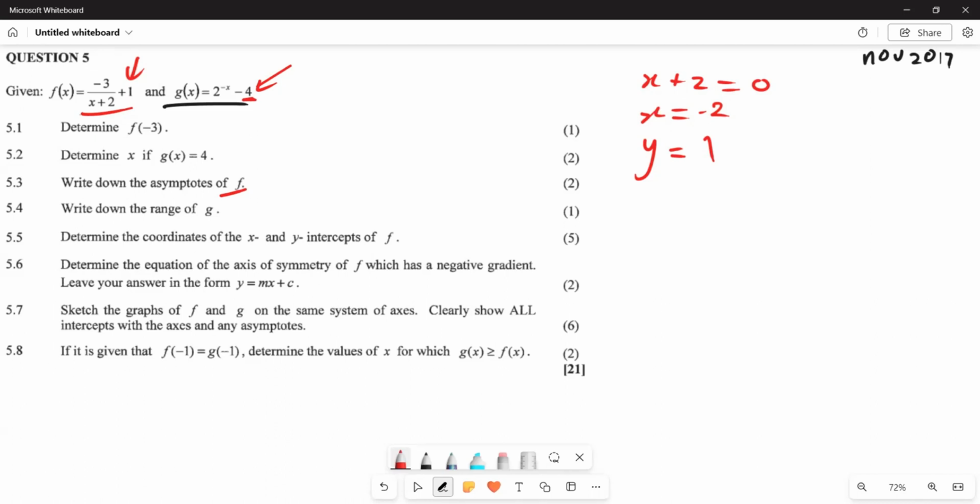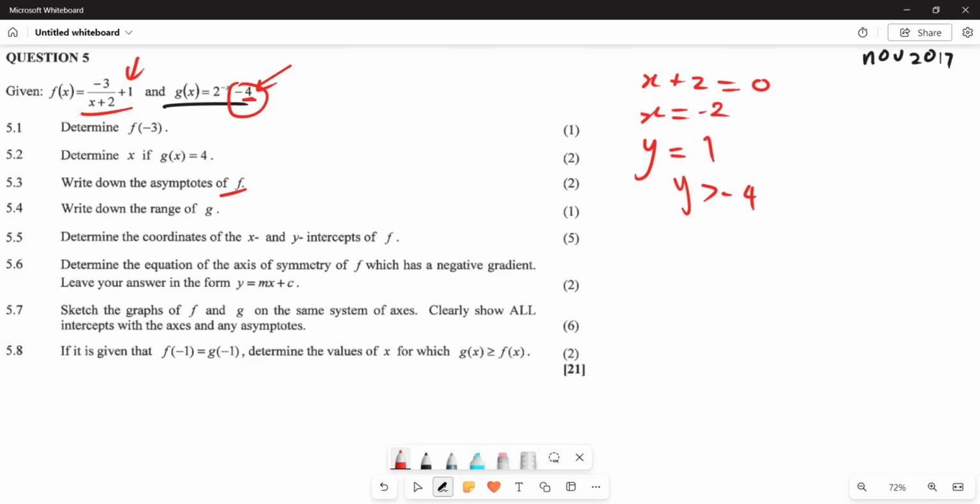Which means your y is going to be greater than -4, because this graph will never cross this asymptote. Remember, this is the asymptote of our exponential graph.